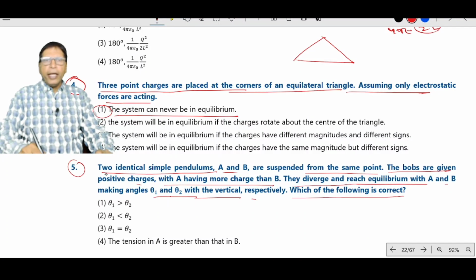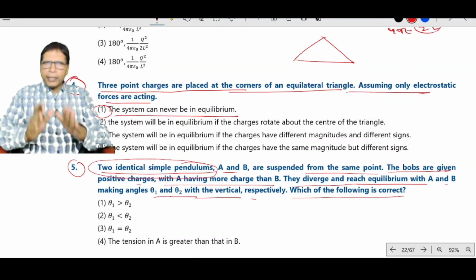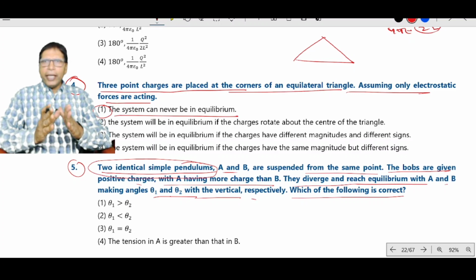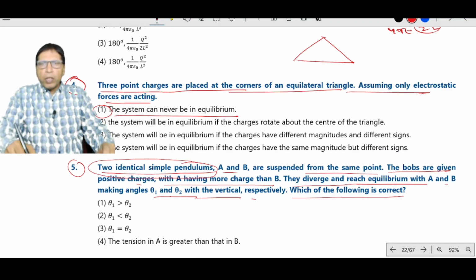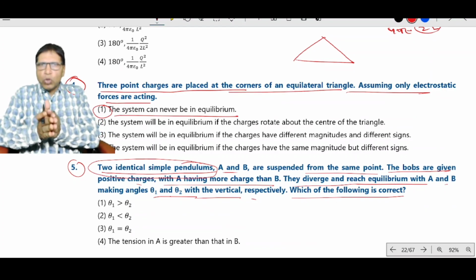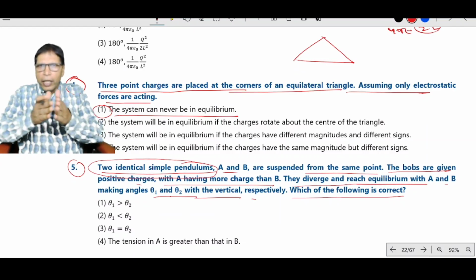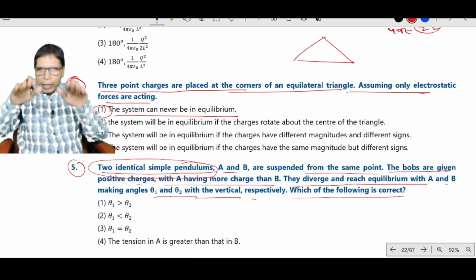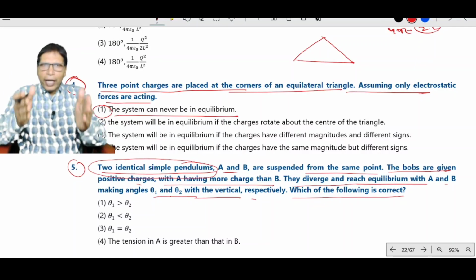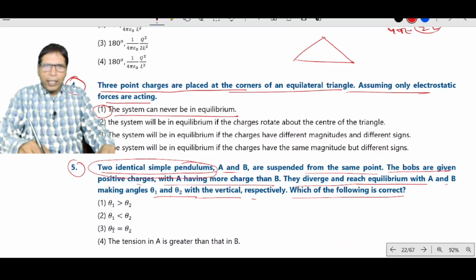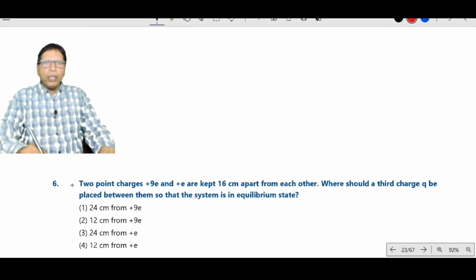As the pendulums are identical, their masses are equal, but they have different charges, because the electrostatic forces on the higher charge and the lesser charge are equal. Here the electrostatic force is the same, the gravitational force is the same, so angles theta 1 and theta 2 are equal. Understood?